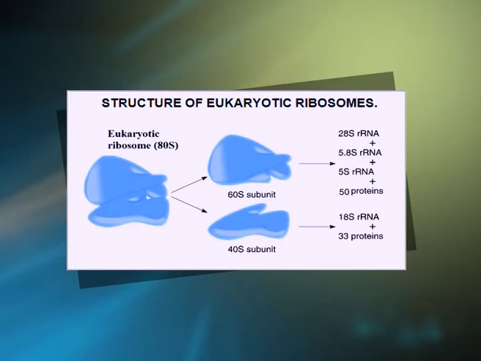The 40S subunit is composed of the 18S rRNA consisting of 1753 nucleotides and 33 proteins.